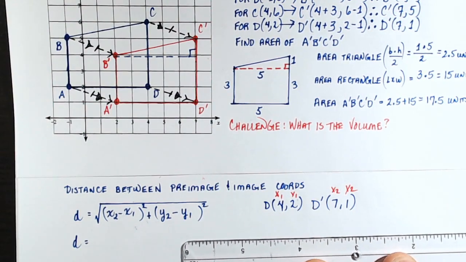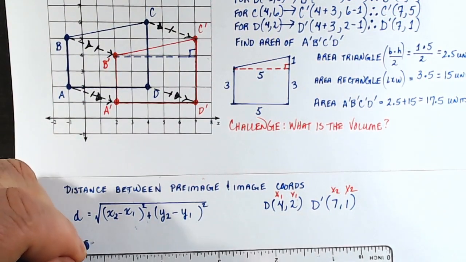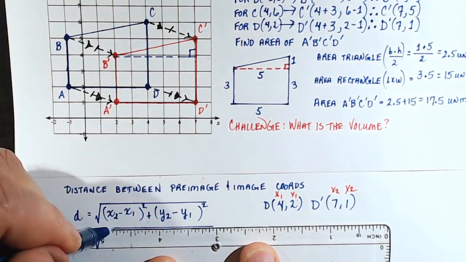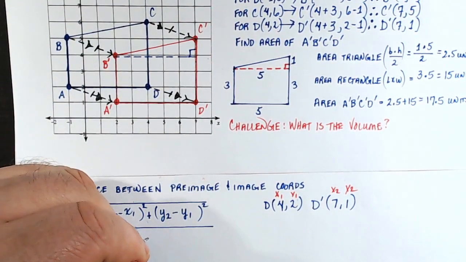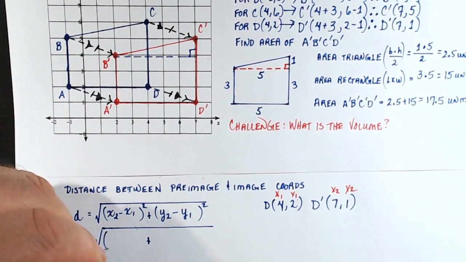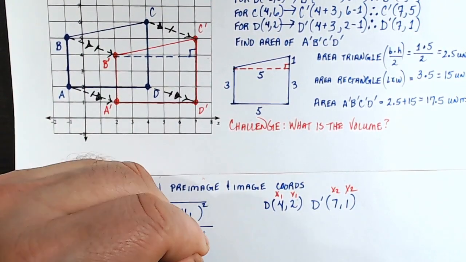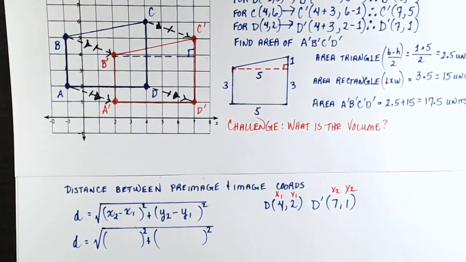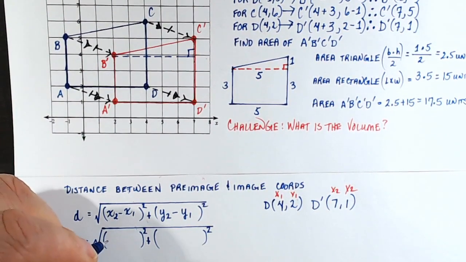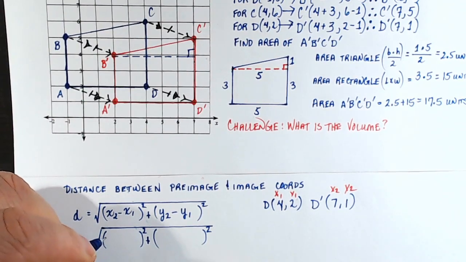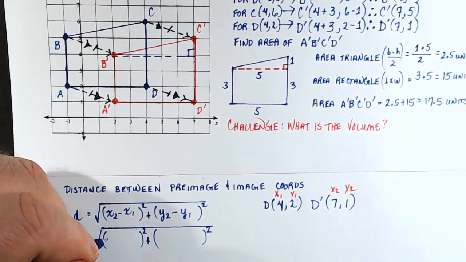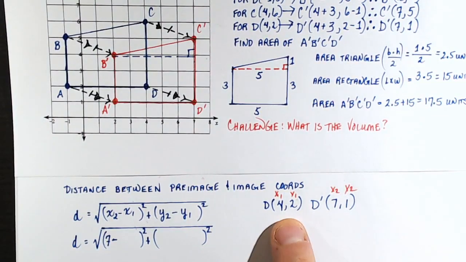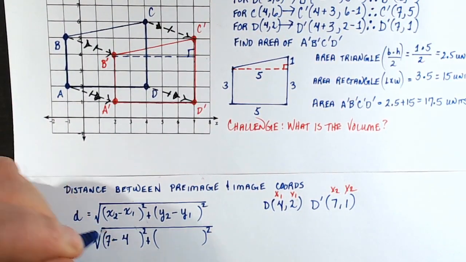So let's plug in our values. The distance is the square root of, we'll put a plus sign there, and then open close parentheses, squared, squared. X2 is 7, minus X1, which is 4.